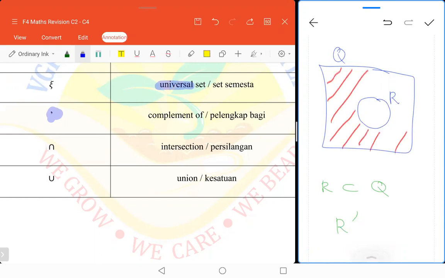Do not want R. Kecuali, complement of R, except for R.